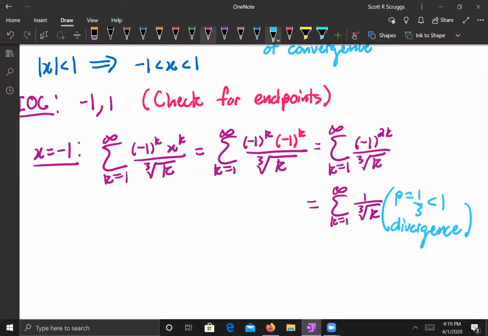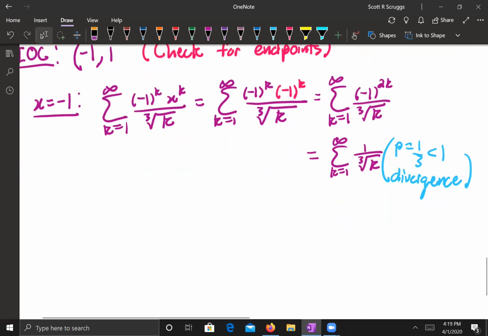And so what that concludes in my interval of convergence is I do not include the endpoint -1. So that tells me that at -1, I have an open parenthesis. So now we get to repeat our work. And now I plug in +1. So -1 to the kth power.